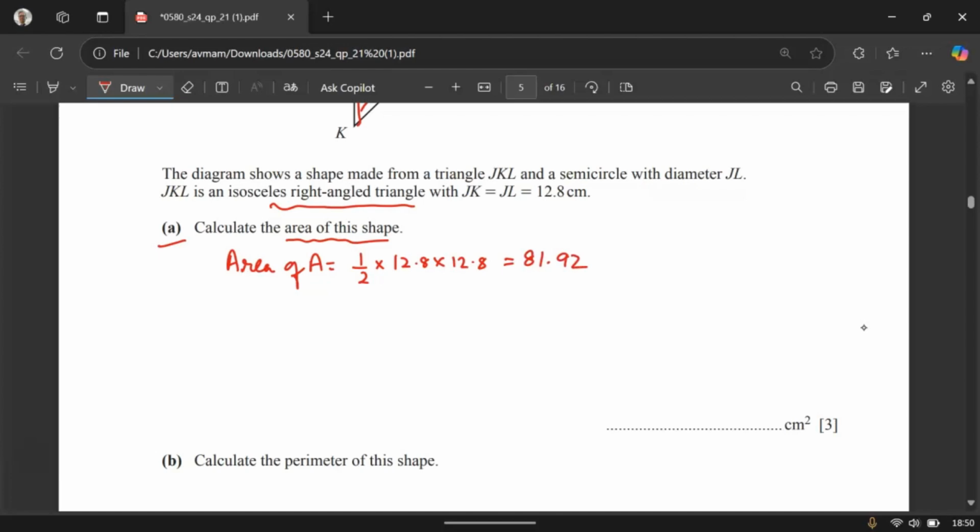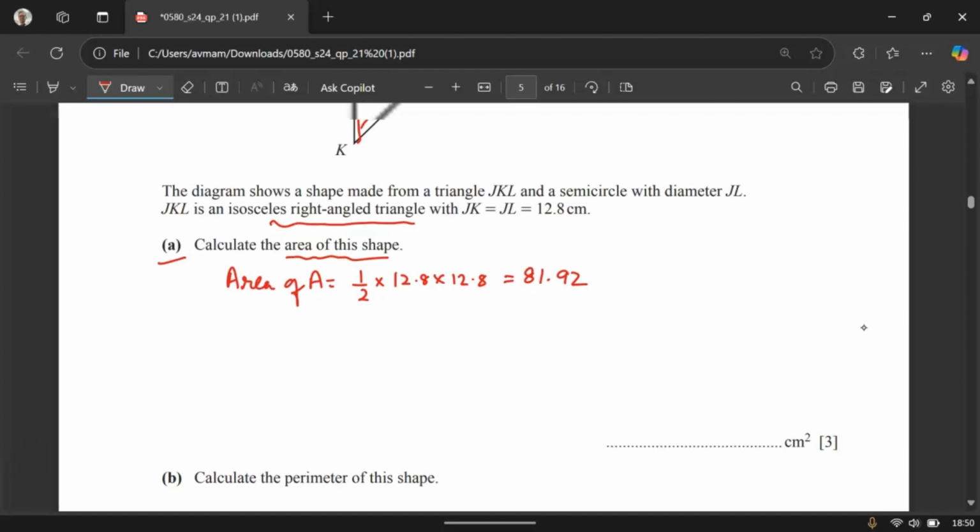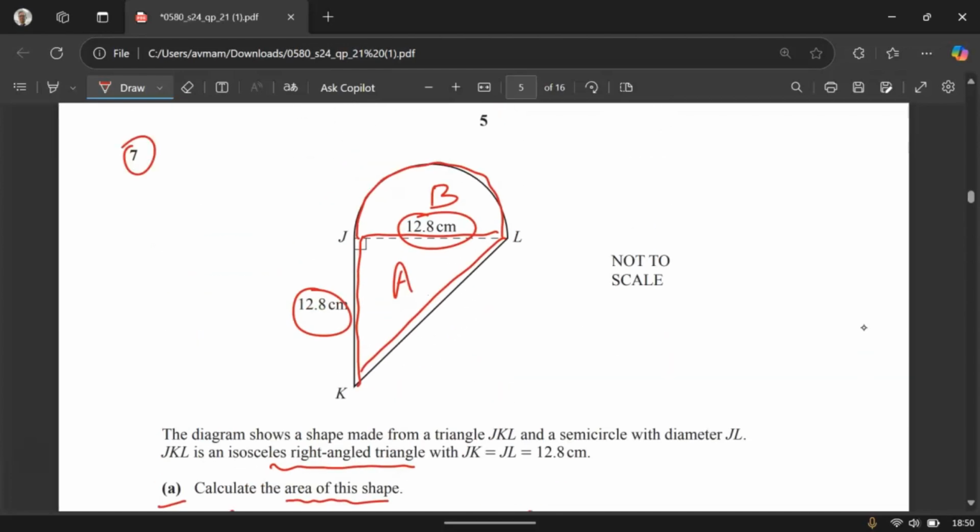Alright, now let us find the area of the semicircle, which I labeled as B. The radius is half of the diameter, and that is 6.4 centimeters.